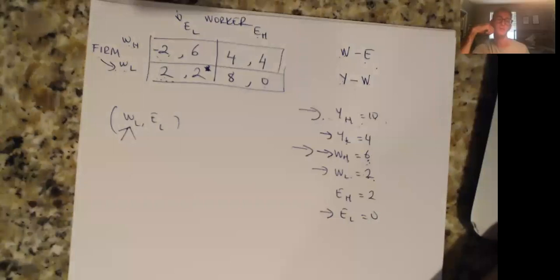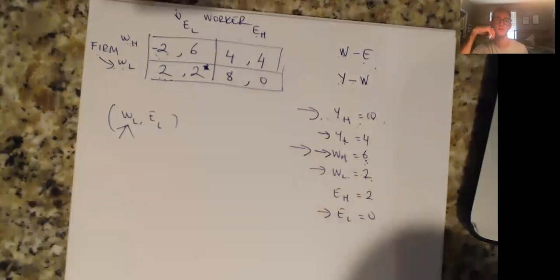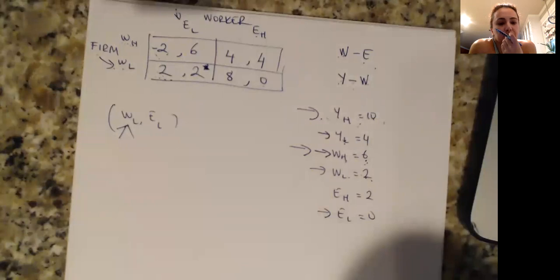Yeah. Wouldn't they always just choose WL because the payoff is greater for both of them, since it's the dominant one? Yeah, I mean, this is more of a mechanical explanation. So the idea behind it is this.